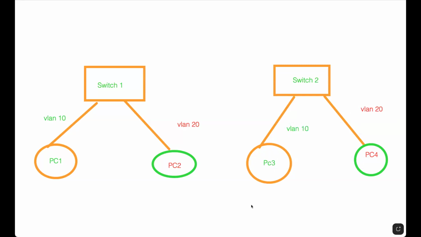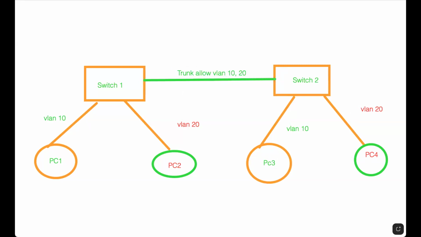Do you guys remember this lab that we have done? Yes, sir. So we did a trunk port between these guys, and we did trunk allow VLAN 10, 20.